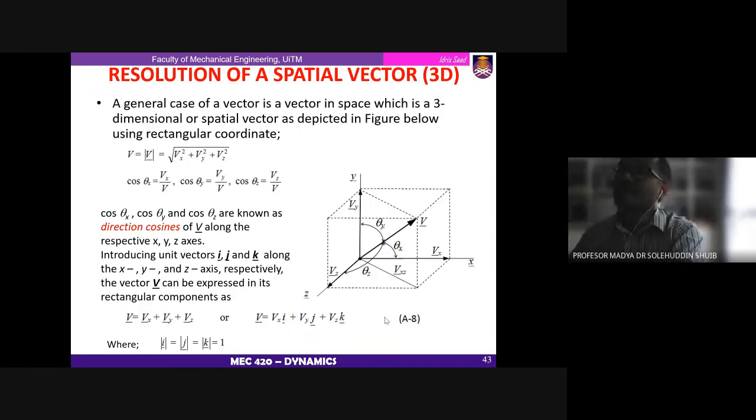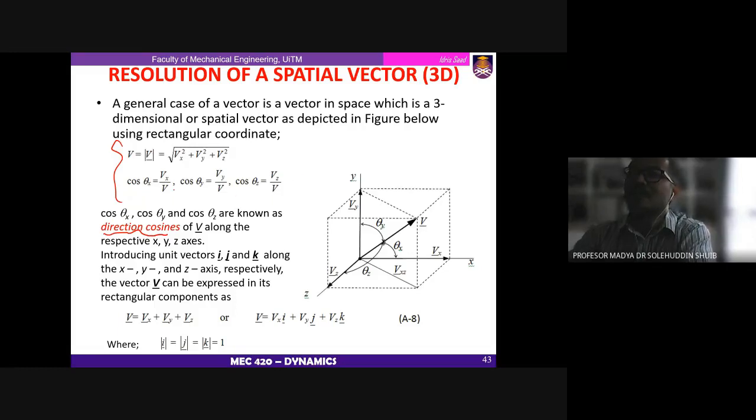This is for 3D. It's going to be the same thing. You learned all of this in statics before, how to project this. From 3D, you can get the magnitude of the velocity, and then what we call the direction cosine. You have learned this in statics before.